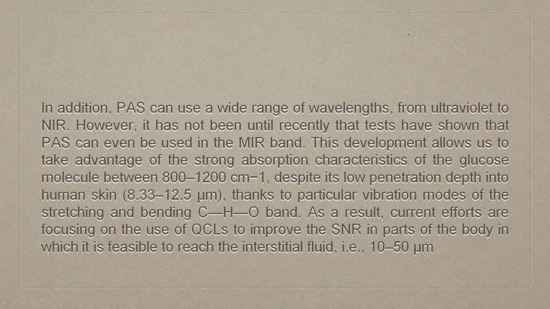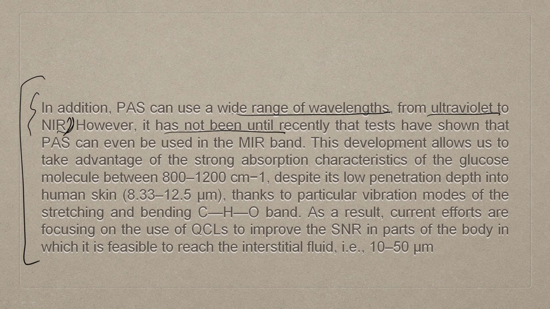In addition, PAS can be used over a wide range of wavelengths from ultraviolet to NIR. However, it was not until recently that tests showed that PAS can even be used for MIR bands.